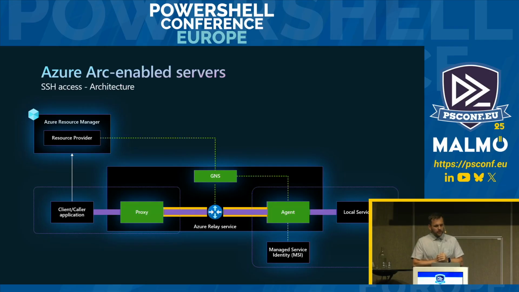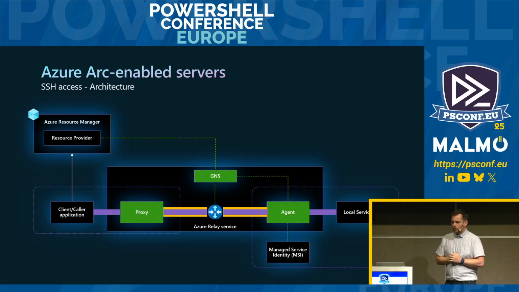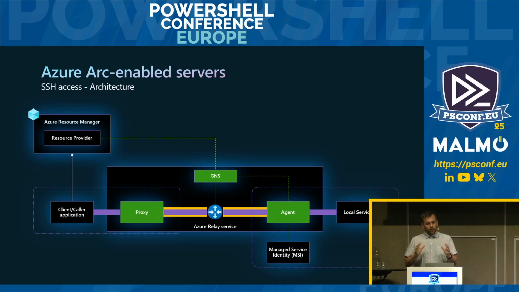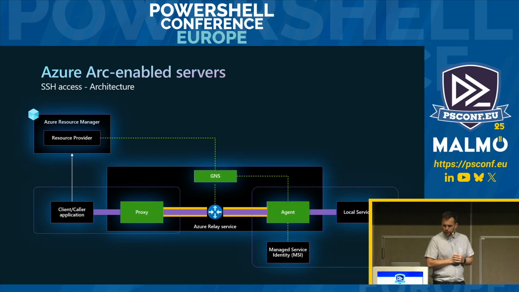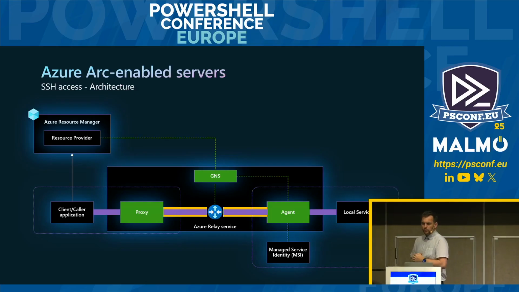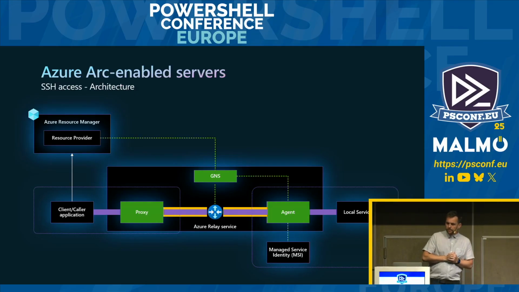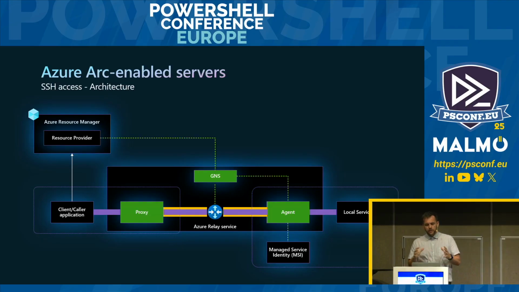On the bottom left here, we have the client or the caller application. In this case, this can be Azure CLI, it can be PowerShell, or anything talking to the Azure Resource Manager. Then we have the proxy component, which is on the client side, talking to the Azure Relay service and the GNS. GNS stands for Global Networking Services, the networking backbone in Azure, basically, which communicates with the Arc connected machine agent, which is in this case acting as a reverse proxy.